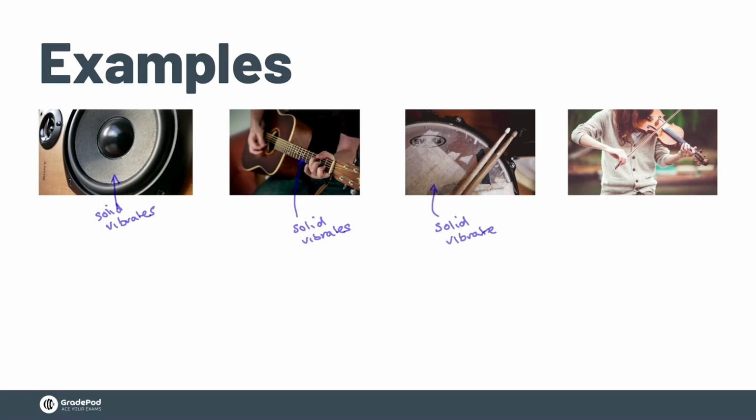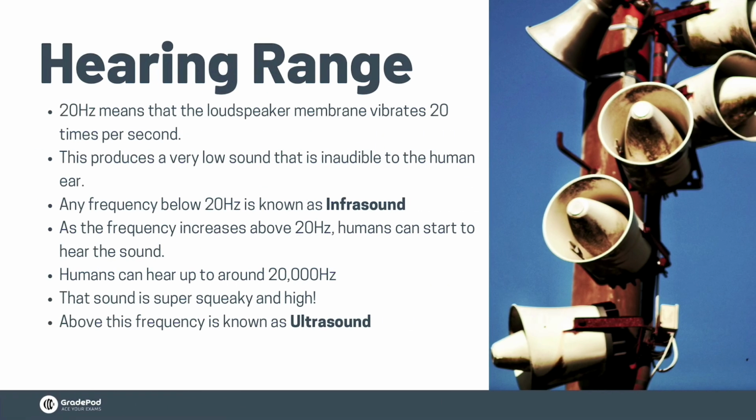And that skin of the drum, again, is resonated, and the volume of the sound is increased to allow us to hear it. And finally, we have a solid that vibrates in a violin as well, and that causes sound. So there's a theme. The theme is that a solid vibrates at a certain frequency, and the air molecules allow a sound wave to travel towards us in compressions and rarefactions to our ears, where our eardrum vibrates in unison.